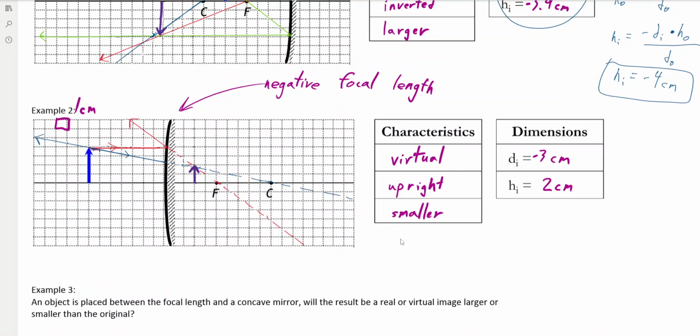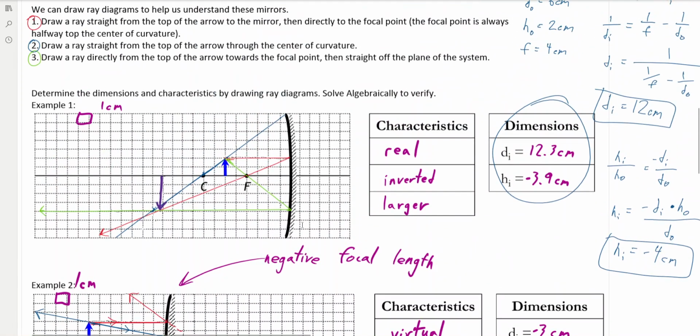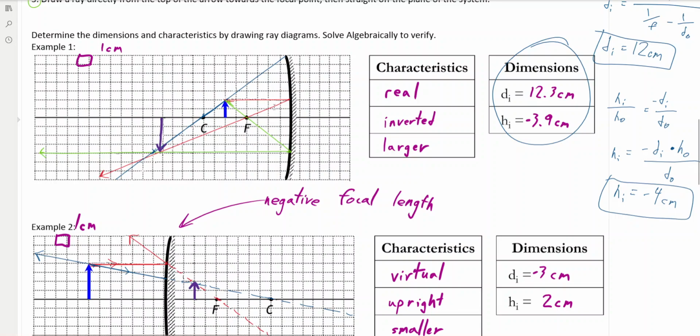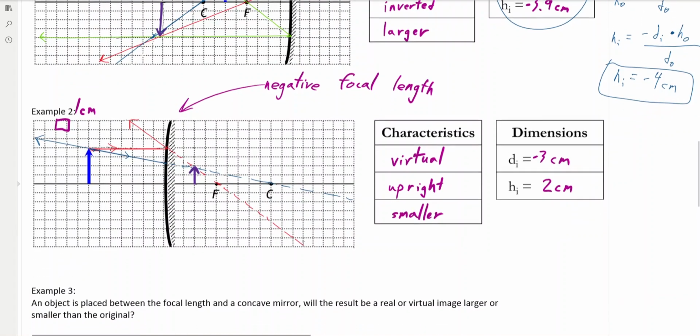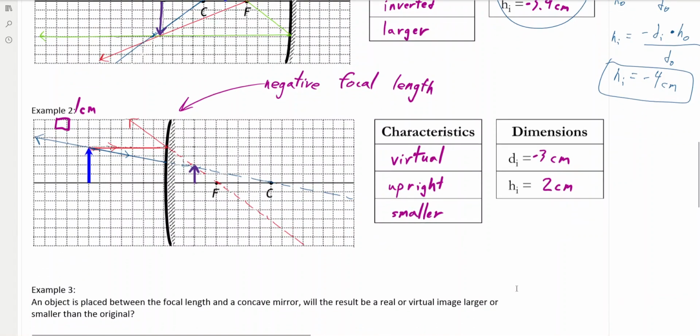So another way to think about it is the distance to the mirror from the object is always going to be positive, but if you look at the distance from the image, if it's on the other side of the mirror, it will flip and become negative. That's one way to look at it. So with all that said, we're going to go ahead and try to do this with algebra now.